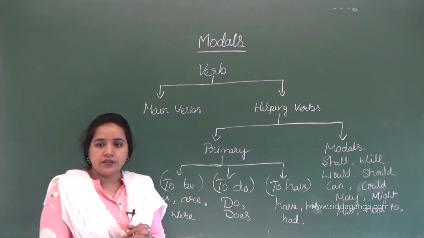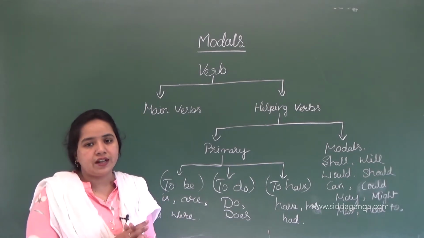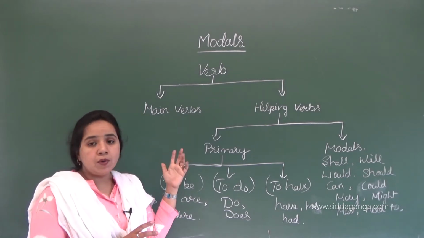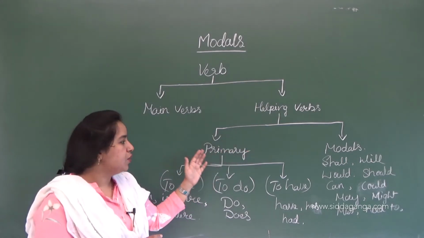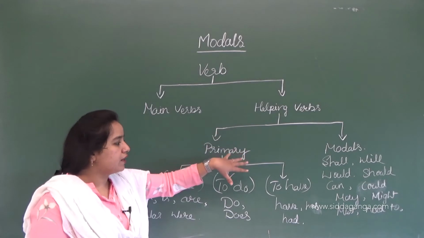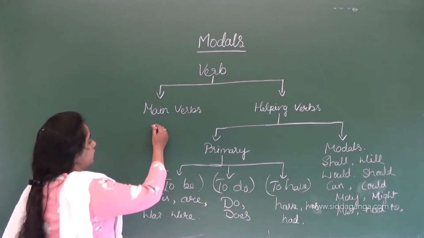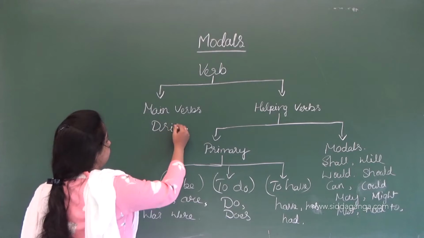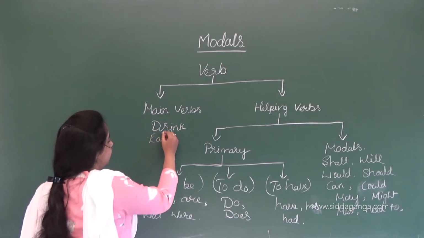Here in English, in the verb, we have two different kinds, that is main verbs and helping verbs. Again, the helping verbs are divided into primary and modals. Main verbs are, for example, drink, eat, play.